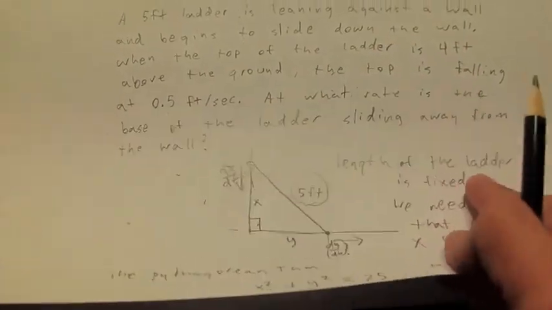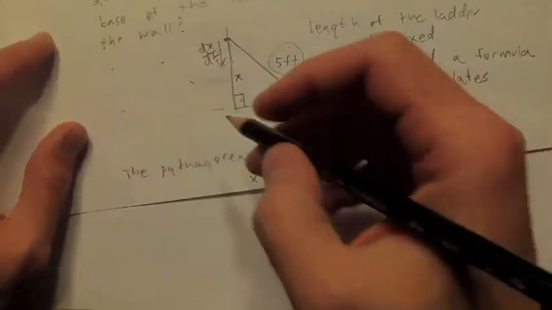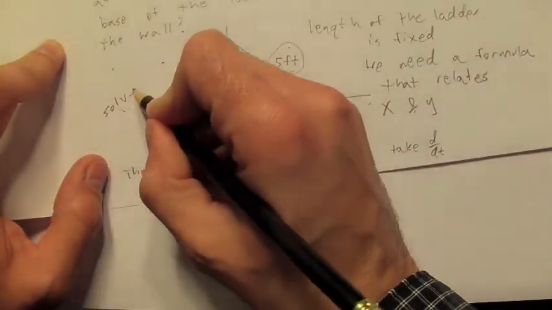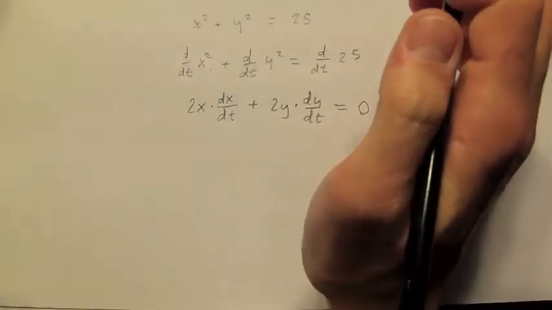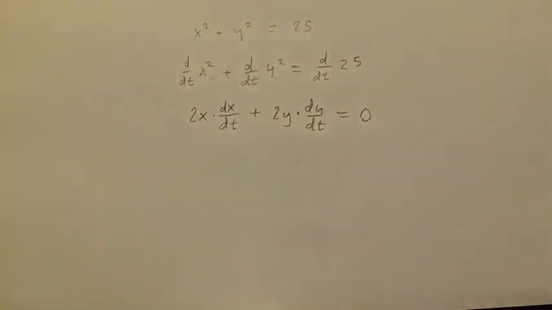So what we're actually looking to solve for is dy over dt. Now, you don't have to solve like this. You can plug everything in now if you want and solve, but personally I like to solve, then plug everything in.